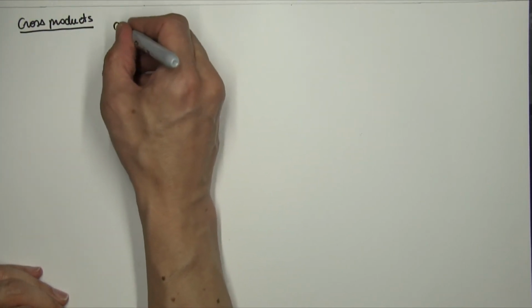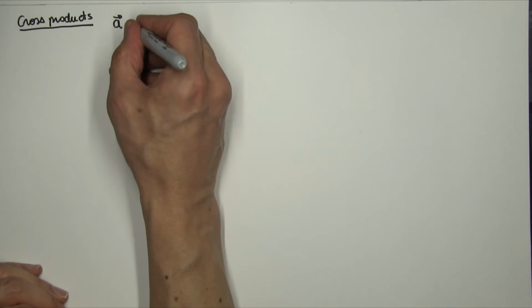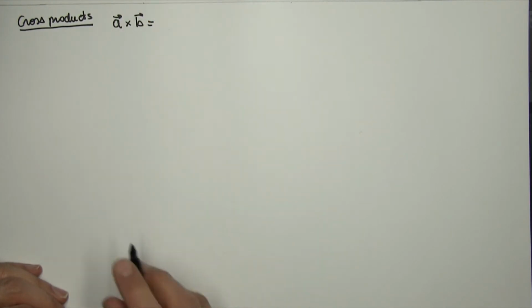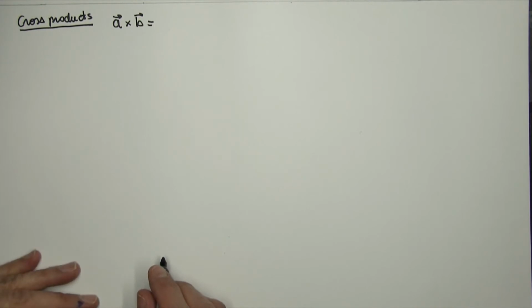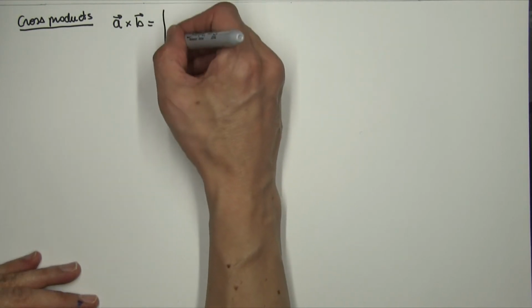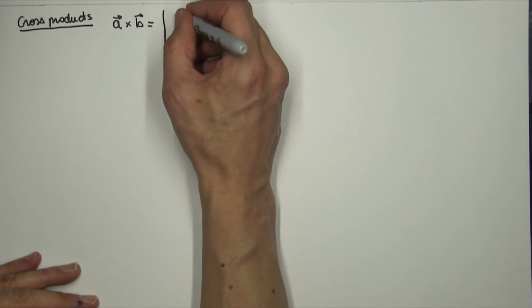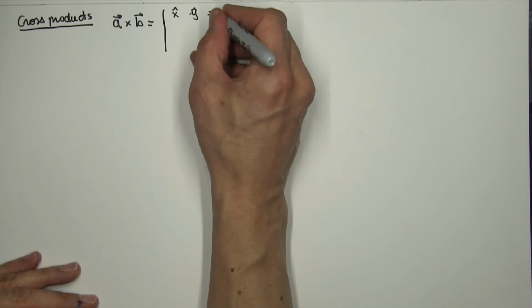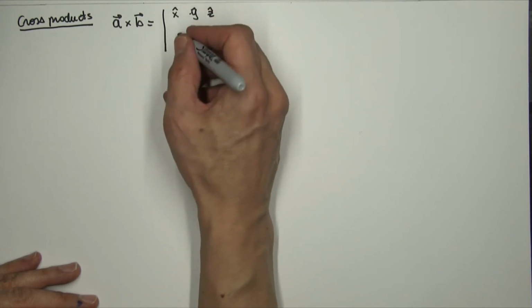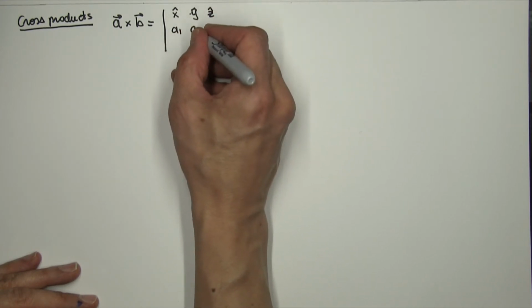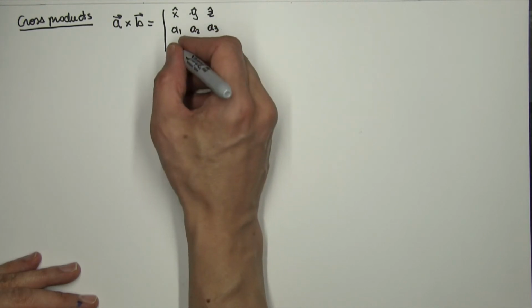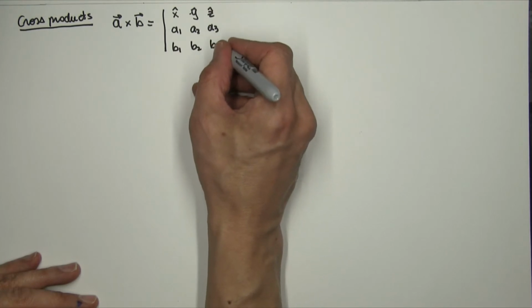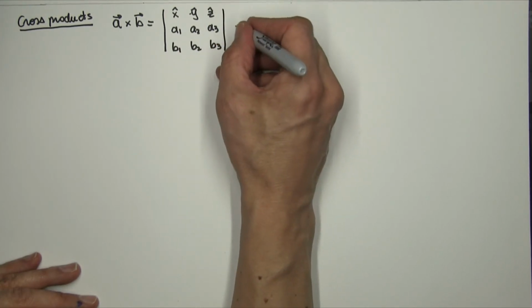You have the cross product of a vector A with a vector B. Some people like to calculate it with determinants. It's kind of not very elegant, but it's okay, it's effective. You put the unit vectors in the first row, the first, second, and third components of the first vector, and then the 3 components of the second vector. And you just calculate the determinant.